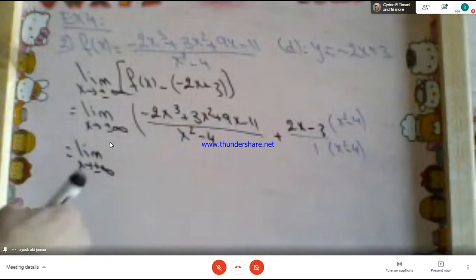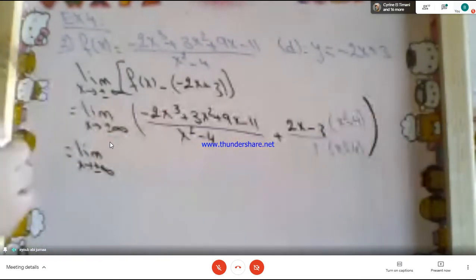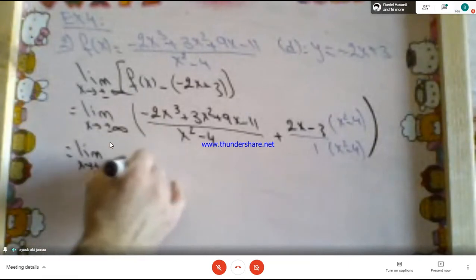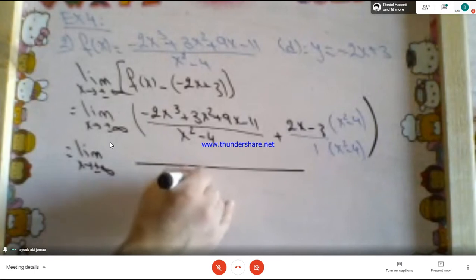And then you'll get limit as x approaches infinity of the same denominator x squared minus 4.